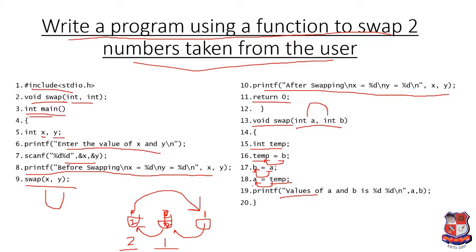Okay. So when my main function will call this swap, what it will do? It will take temp is equal to y because I'm taking x and y. Okay. So here my statement will be temp is equal to y, then it will be y is equal to x when I will call it in main. Okay. And third statement is x is equal to temp.